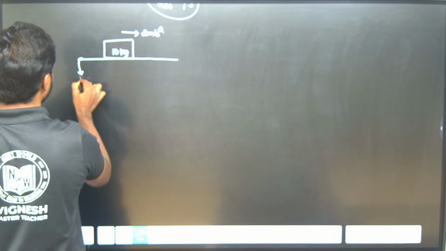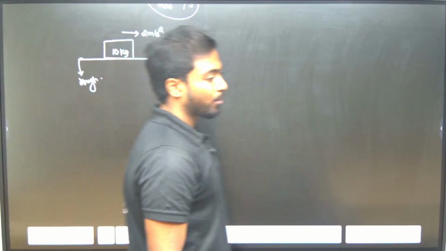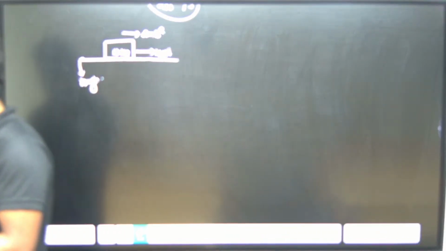This is a rough surface. Now a force of 40 Newton has been applied here. Because of that force, it is going with 2 meter per second square. So what is the coefficient of friction?